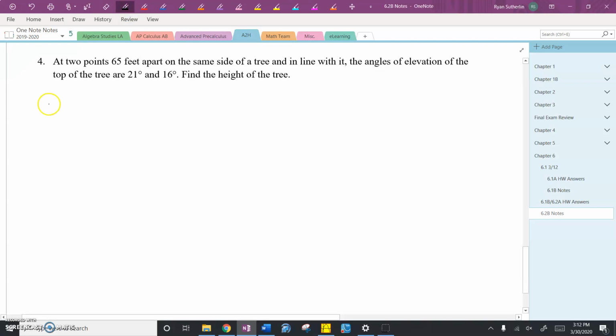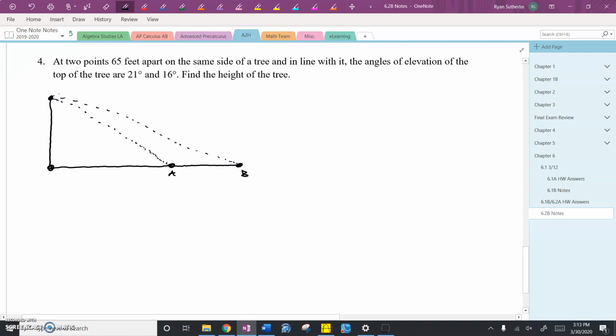All right, so this one, we have a tree. Here's our tree on the left side. The first time we look up at the tree, I'm going to call this point A. We look up, and then we move 65 feet away. We look up again, and we measure our angle of elevation.